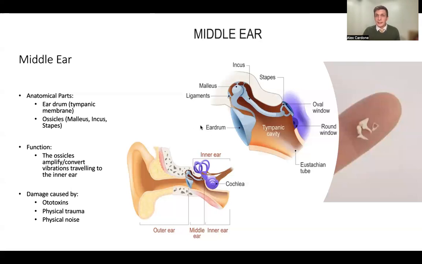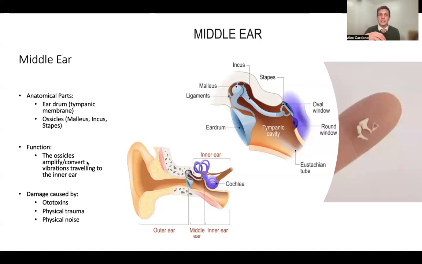That noise is then turned into a vibration and amplified by the eardrum and transferred through the malleus into the incus, and then the stapes is in contact with the inner ear, to allow that energy to transfer into the inner ear.